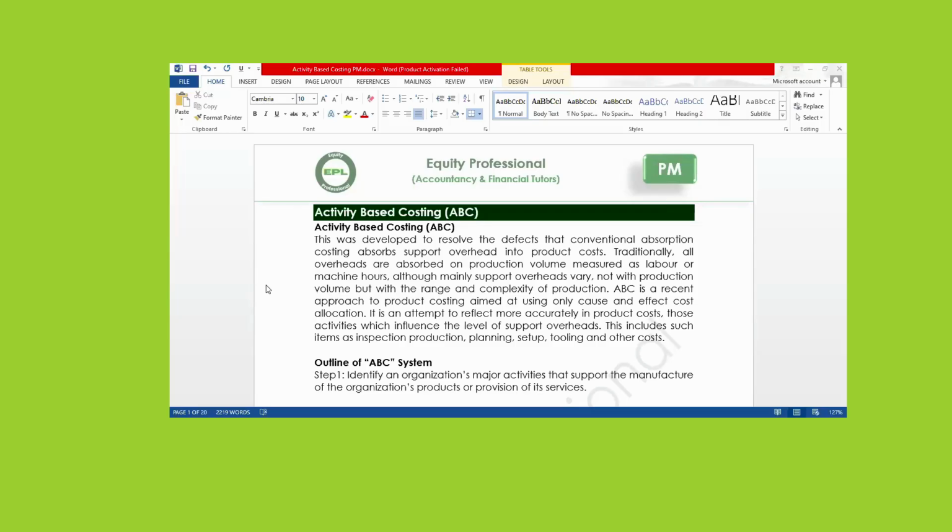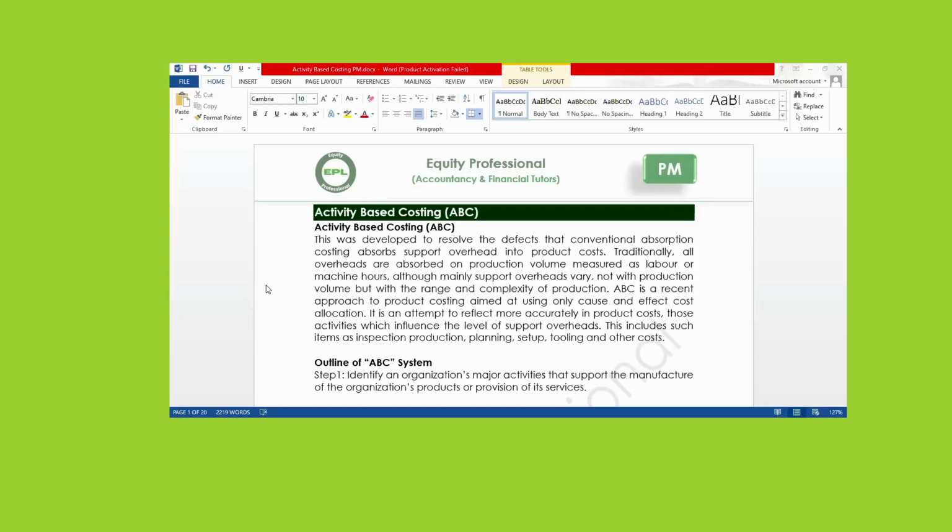This 5 million naira cannot be traced to a bottle of Coke or a bottle of Fanta or a bottle of Sprite. The 5 million naira is for all the products that are produced at the factory. So the question is, how do we apportion factory rent to the various products produced in the factory?